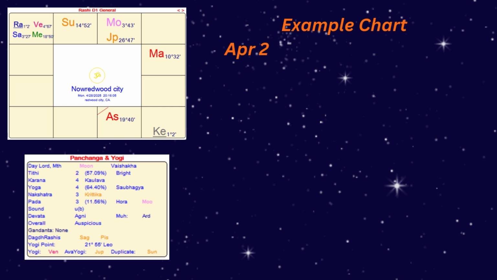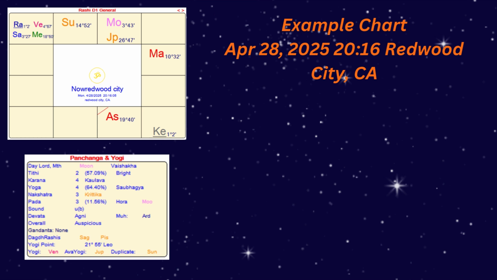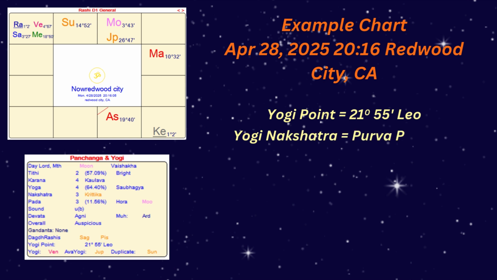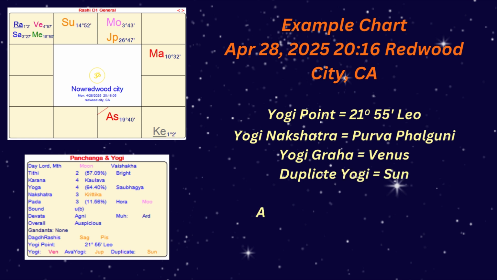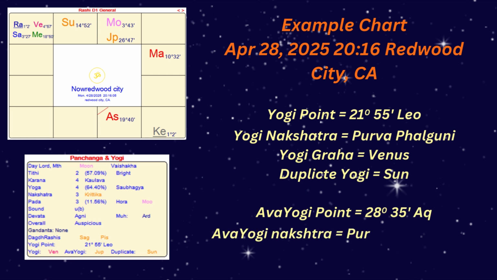In the next few slides, we'll walk through the actual calculations using a real-time example chart. The chart you're seeing was cast for the exact time these slides were prepared, on April 28, 2025 at 8:16 p.m. in Redwood City, California. If you're using Sri Jyoti Star, there's a convenient way to view this information.